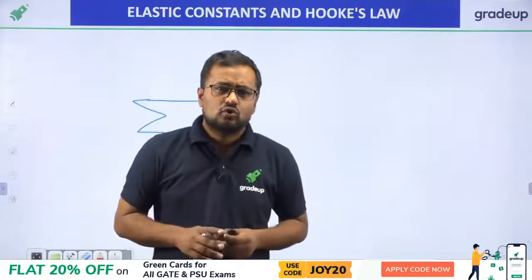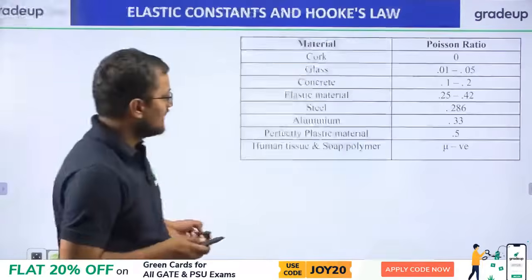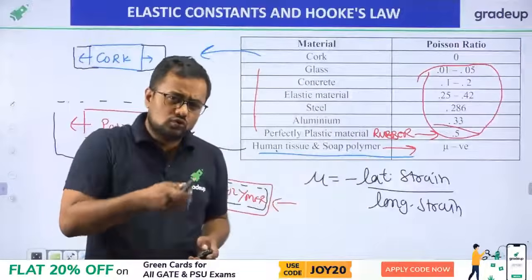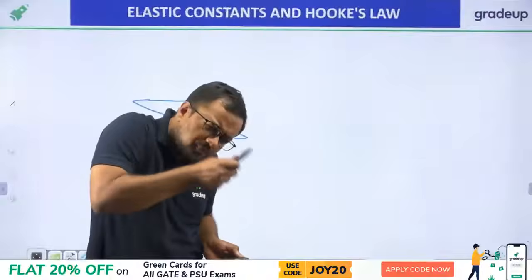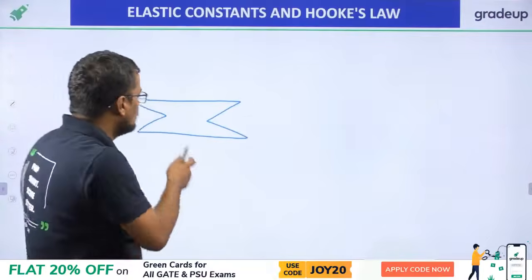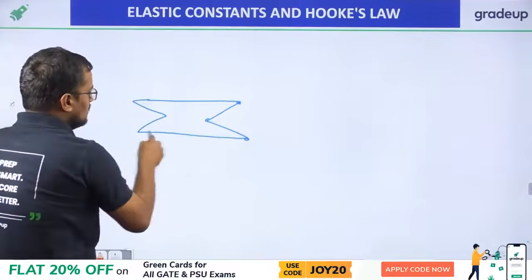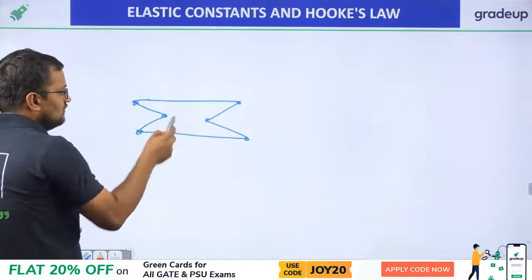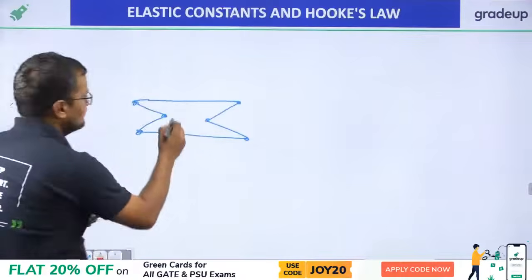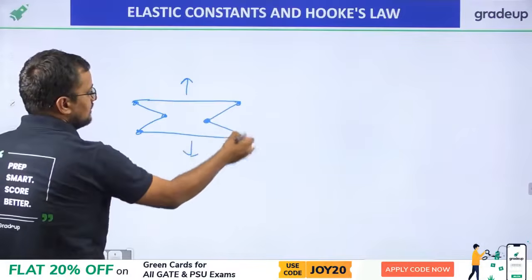Suppose a soap polymer or anything which has a negative mu, my friends, if you take a microscope and see a molecule through it, those molecules will be like this, and these all are hinges. For anything which has negative mu, at a very microscopic level, it will look like this. Suppose I apply a force P like this, and these are all hinges, my friends.